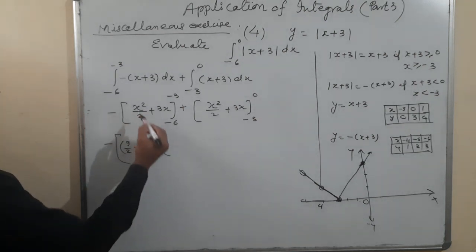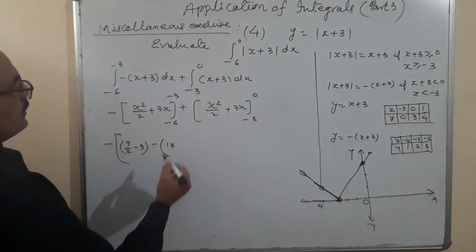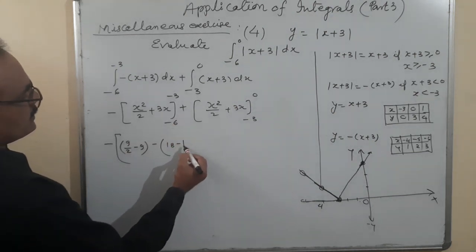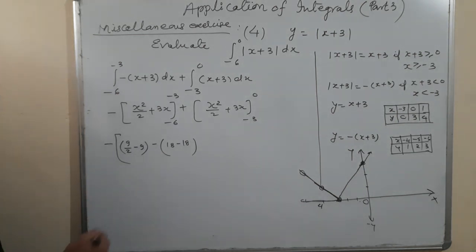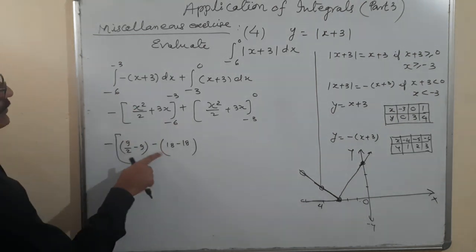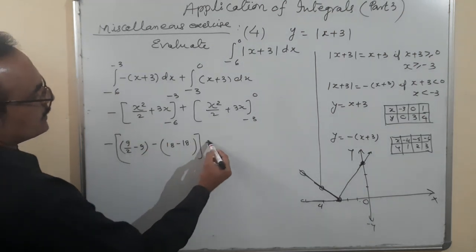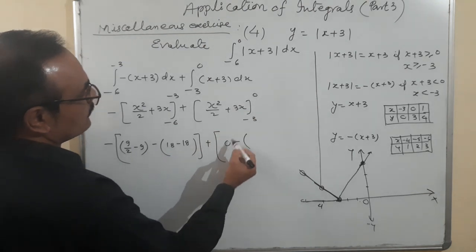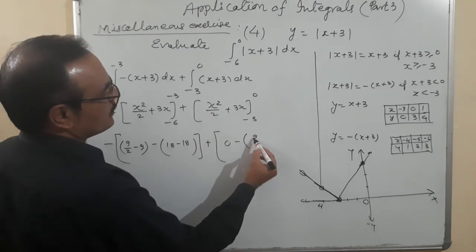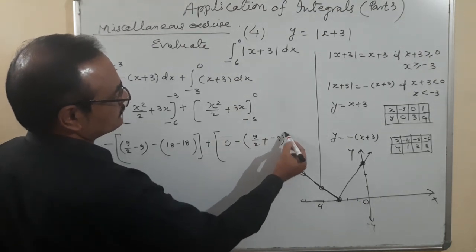Minus lower limit minus 6: 36 upon 2 is 18, minus 18. Plus, here we put 0, both terms are 0, minus the lower limit 9 upon 2 plus minus 9.